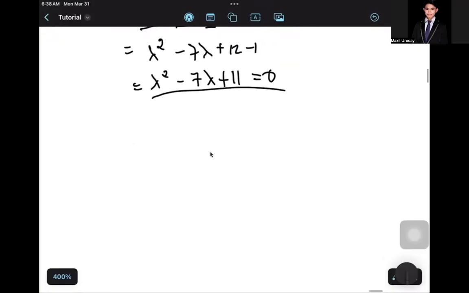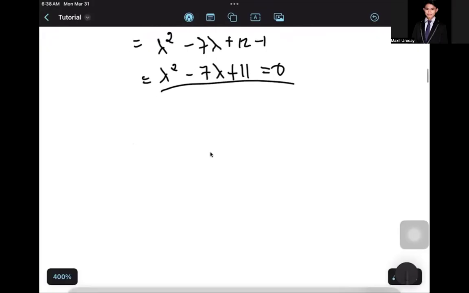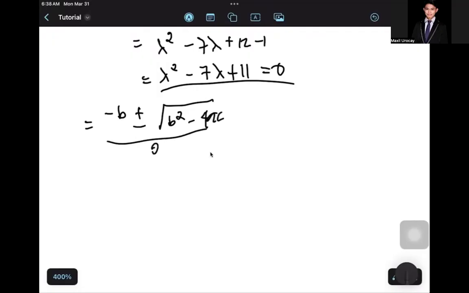In order for you to solve this, we can use the quadratic formula. If you can recall in your high school, for a quadratic expression, we can use negative b, positive and negative, the square root of b squared minus 4ac, over 2a.